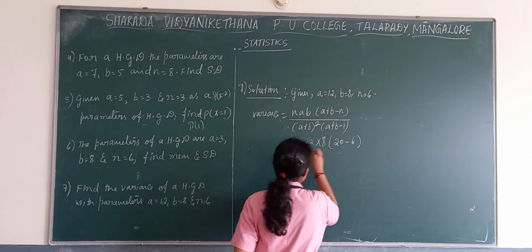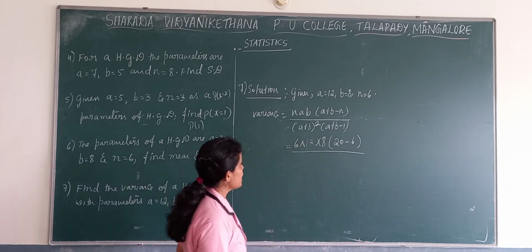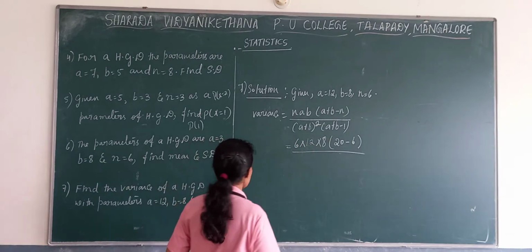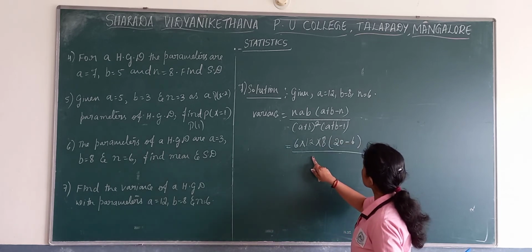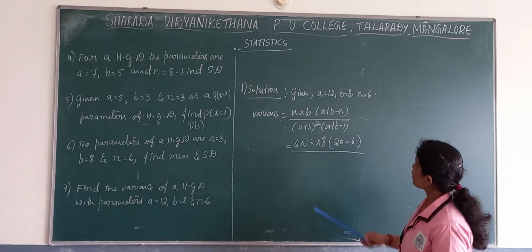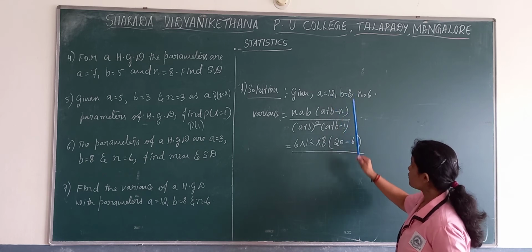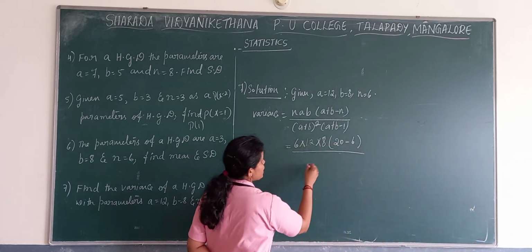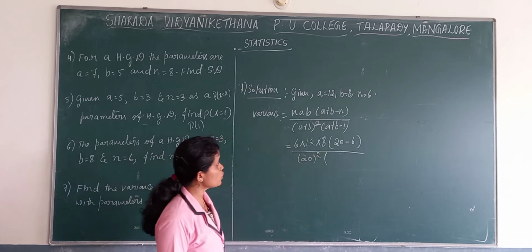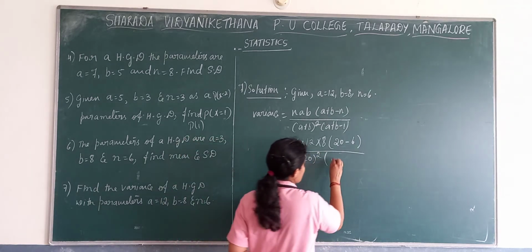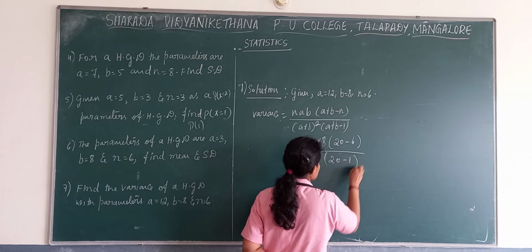Then divided by (a plus b) whole square, which is 20 square, into (a plus b minus 1), that is 20 minus 1.